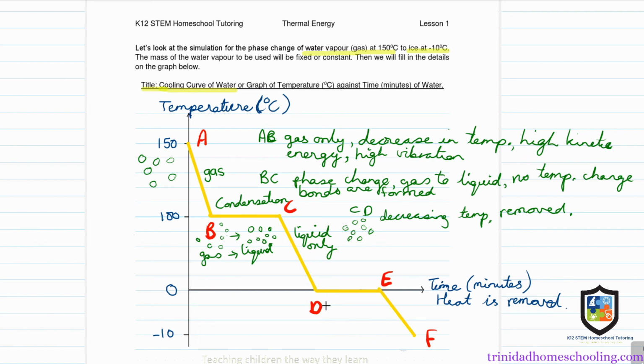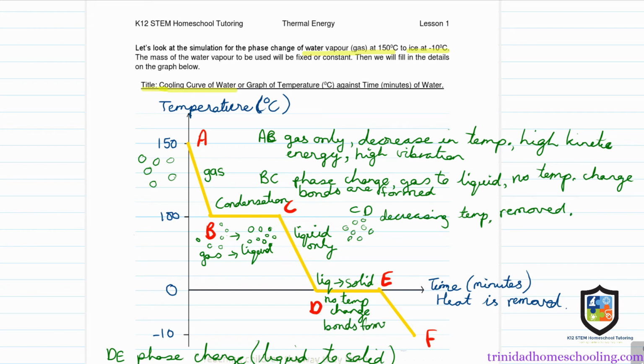And DE here is another phase change, from liquid to solid. So here we have both liquid and solid states, and we have no temperature change, right? Because bonds are being formed.